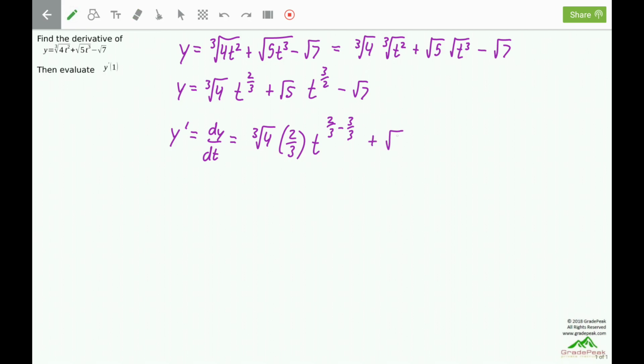Plus the square root of 5, which is just a constant. Bring the 3/2 down, and then t raised to the 3/2 minus 1, which I will write as 2/2. The third term, negative square root of 7, is just a constant. There's no t's. And the derivative of a constant is going to be a 0.